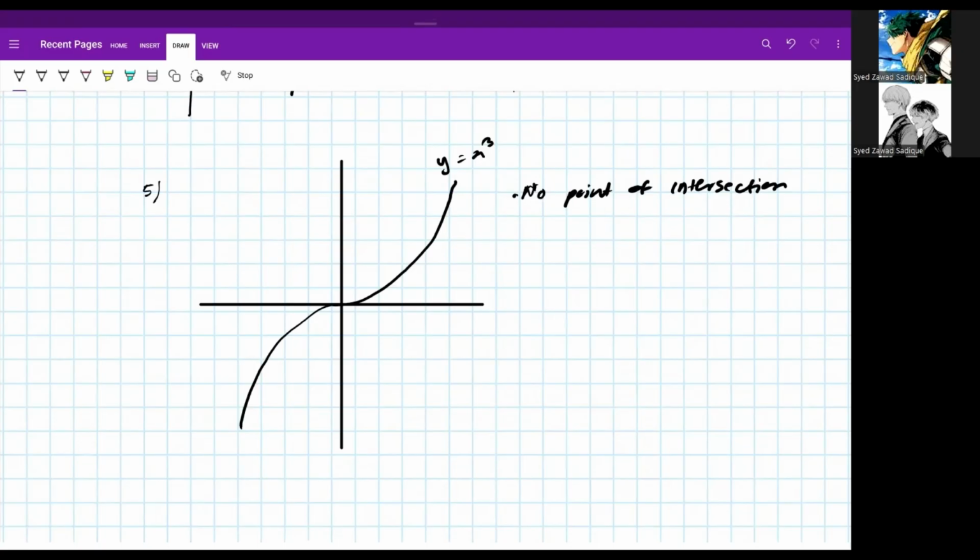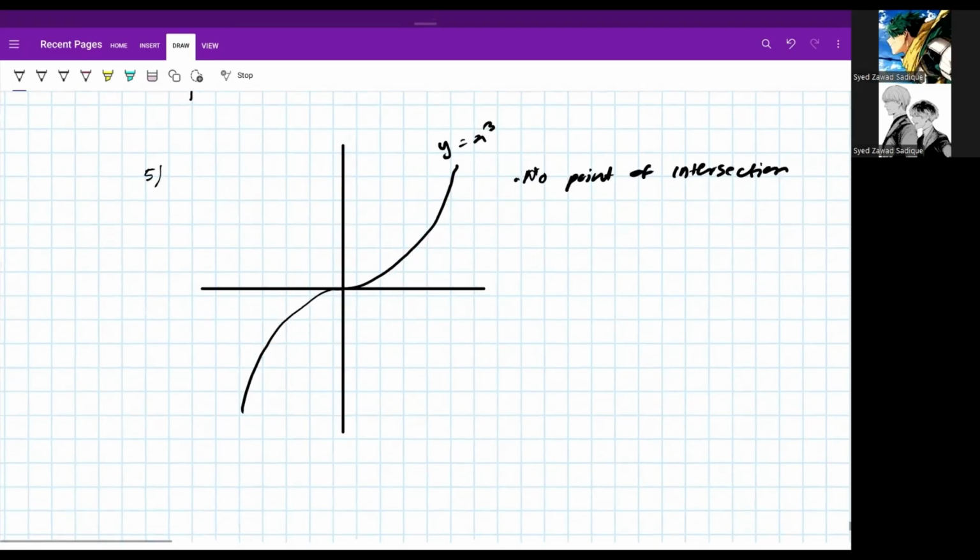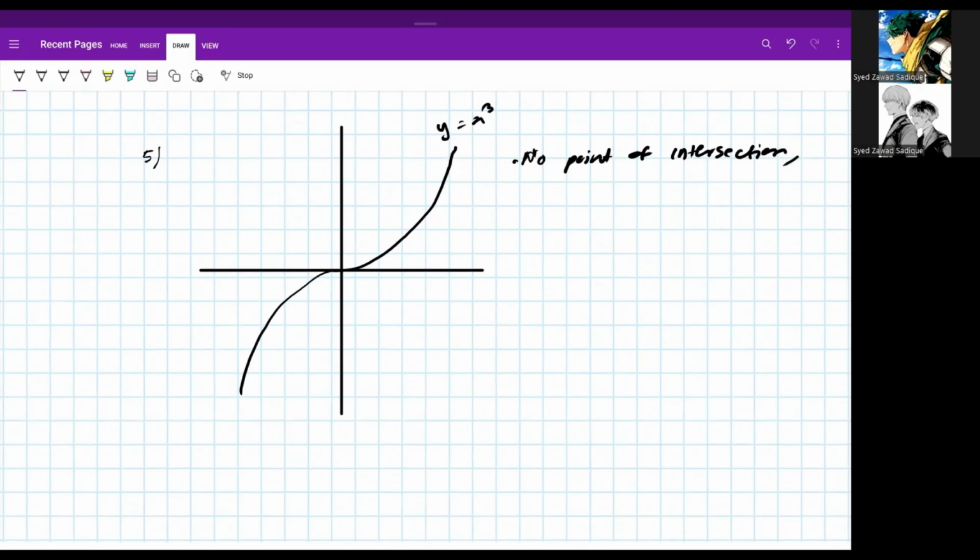There's only a point of inflection at 0, 0.